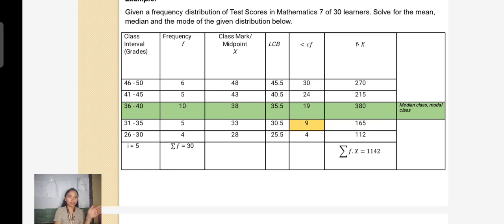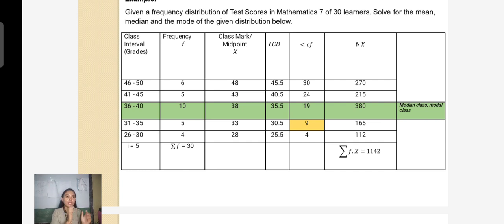Then 19 plus 5 is 24. And 24 plus 6 is 30. The topmost value should equal the summation of your frequency. So, 30 and 30 means your addition of the less than cumulative frequency from bottom to top is correct. Okay? So, that is for column 5.